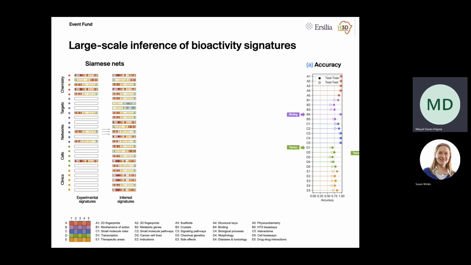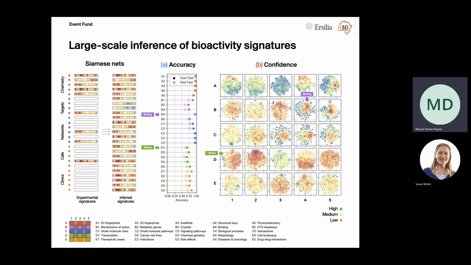Of course, we are aware that this will not be perfect because it's a lot of predictions we are doing, but still we are able to evaluate where we have confidence in the predictions and where not. For instance, when it comes to binding data, we were quite good at predicting it. When it comes to transcriptional data, we're not as good at predicting it, but we still have some predictive capacity in all types of data.